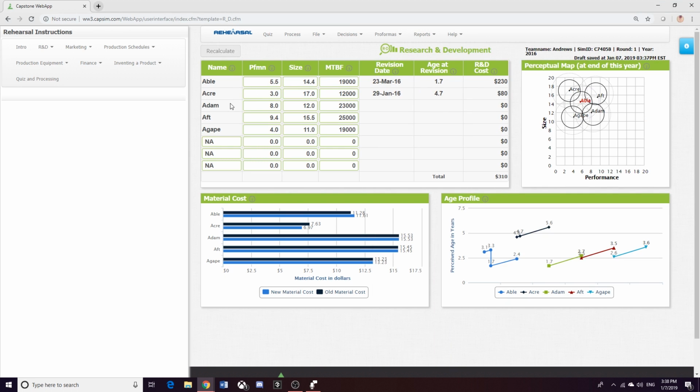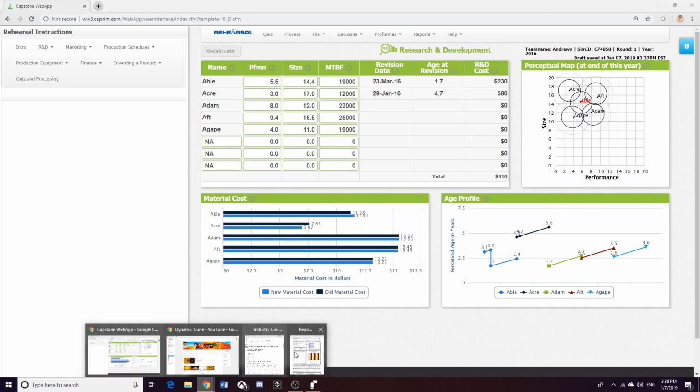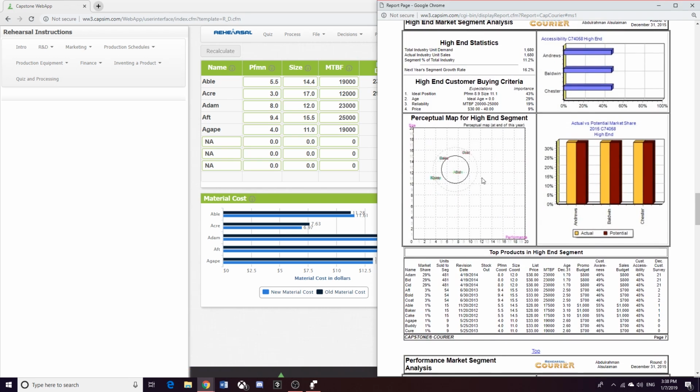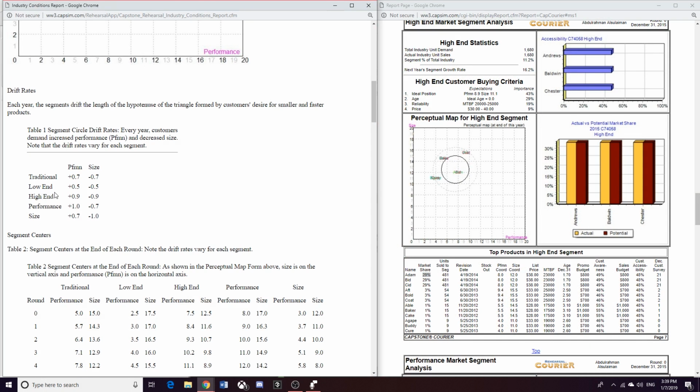Perfect. And then we say, okay, Adam, you're probably high end, right? Yeah, Adam's high end. Adam has a 29% market share in high end. So we say, okay, perfect. Let's go and see performance. Performance is 8 in here for Adam, and in the customer buying criteria, at the beginning of round 1, the performance that customers want is 8.9. So what is the drift rate for high end?